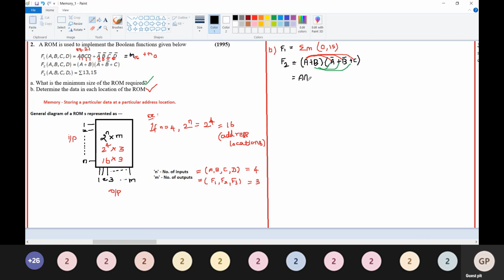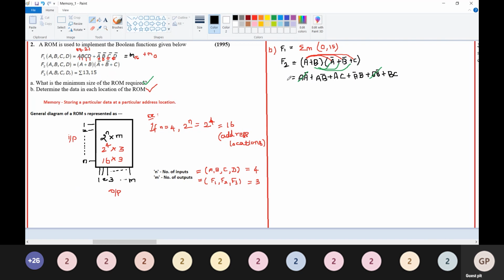So now A into A' plus A into B' plus A into C plus B into A', which I'll write as A'B, in order, and then B into B' plus B into C. Now you can see A into A' is equal to 0. Similarly, B into B' is also equal to 0.